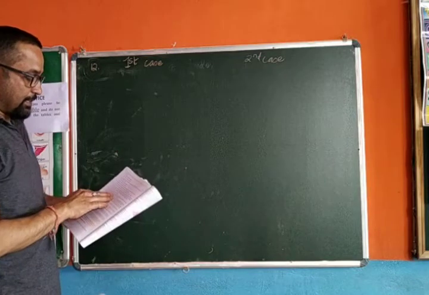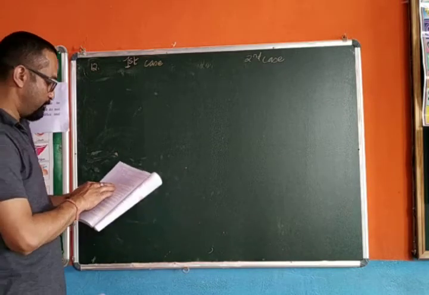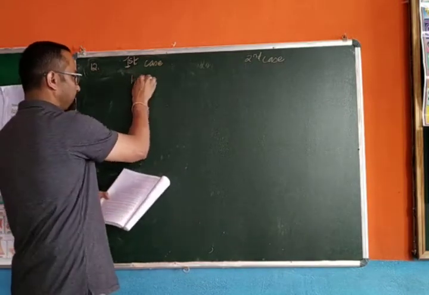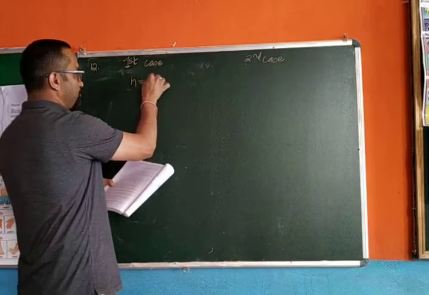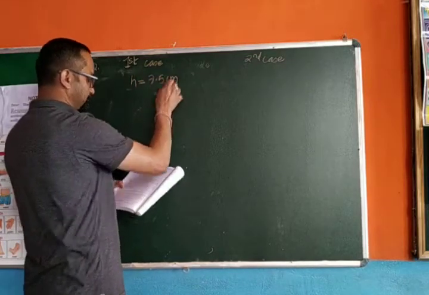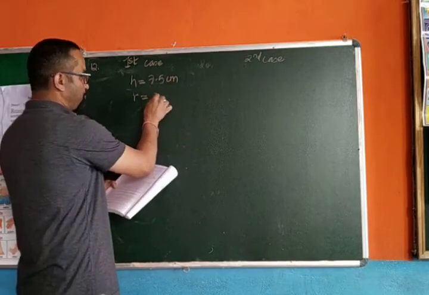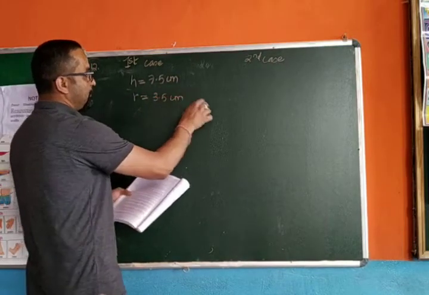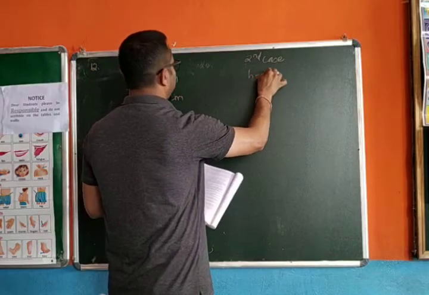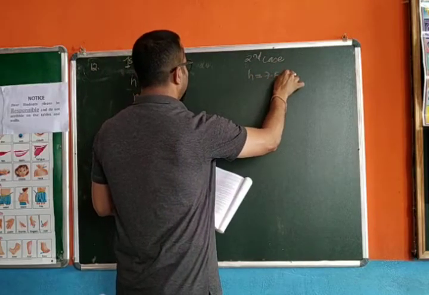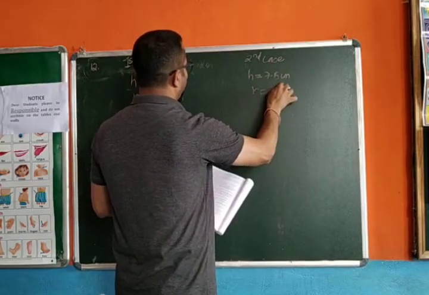So you have height given, which is equal to 7.5 centimeter. Radius is given, which is equal to 3.5 centimeter. Second case, height will be 7.5 only and radius will be 3.5.